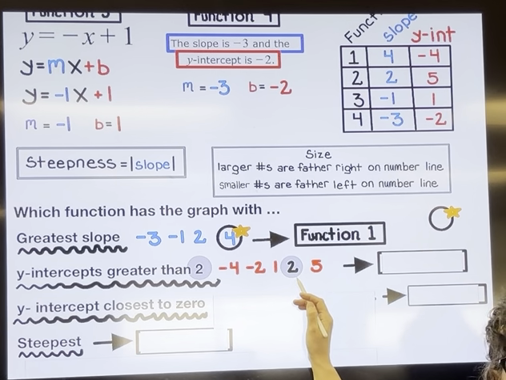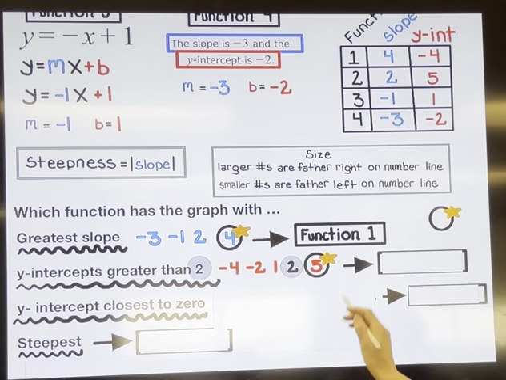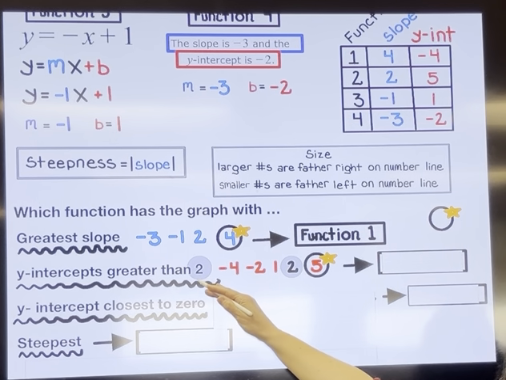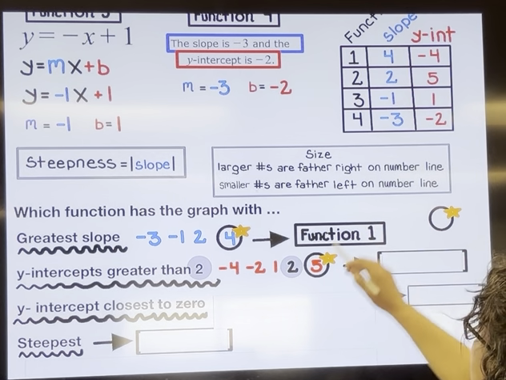The only number further to the right than 2 would be the number 5. So the number 5 is greater than 2, and the function that had a y-intercept of 5 was function number 2.